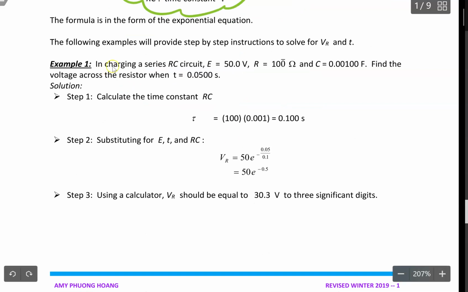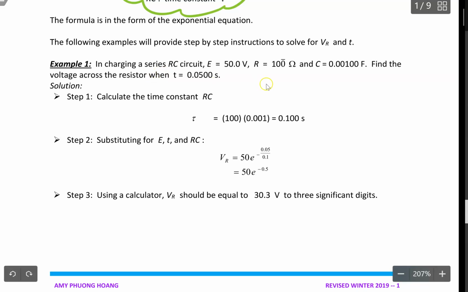Example 1. In charging a series RC circuit, you now know that charging means I turn on the switch so that I can gradually increase the voltage across the capacitor. Doing that, I will gradually decrease the voltage across the resistor, so that when I add the voltage across the resistor to the voltage across the capacitor, I maintain the value of the voltage source.